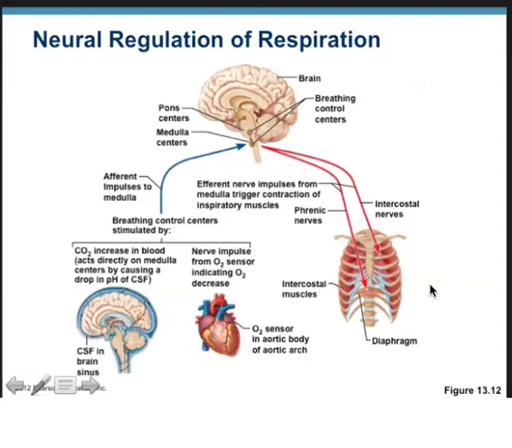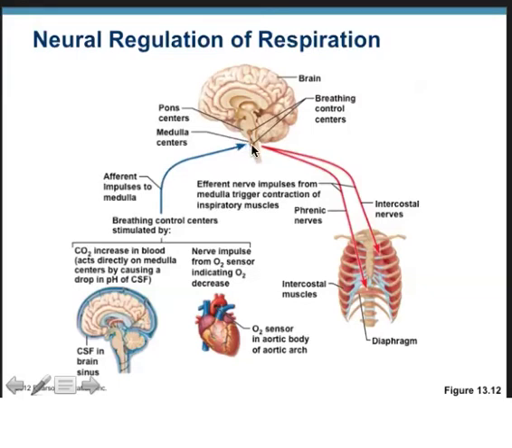And so what you're looking at here is just how the interplay of these systems work. You can see that, again, the brain is bathed in cerebrospinal fluid, and the changes in carbon dioxide signal the brainstem to cause the breathing center to fire. Okay, these afferent impulses hit the medulla.